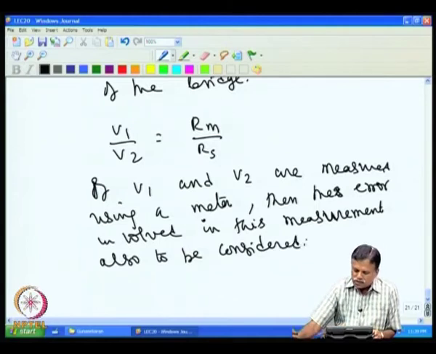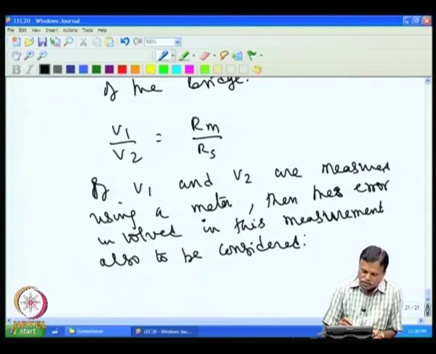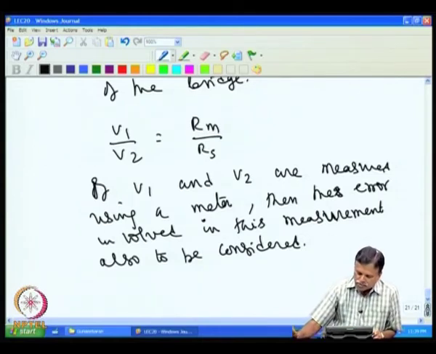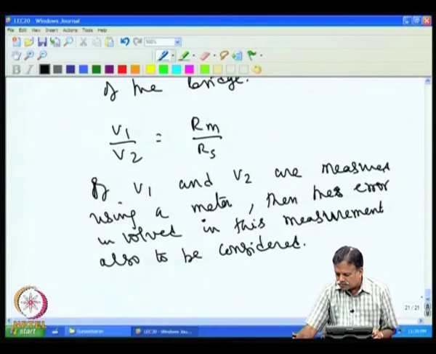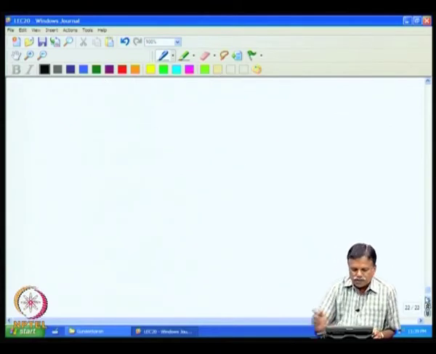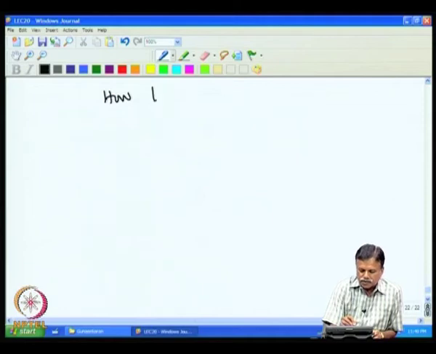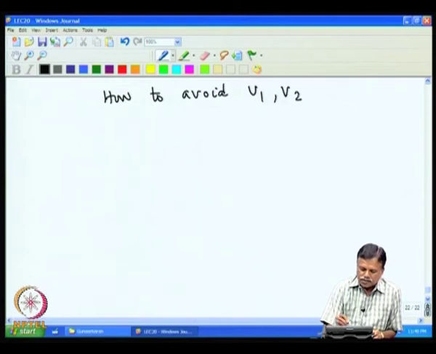So the measurement of V1 and V2 can be avoided by modifying the transformer. Next is how to avoid the measurement of V1 and V2.